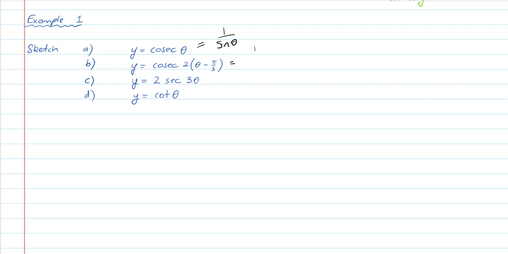And this is equal to 1 over sine of 2 theta minus pi on 3. And this is equal to 2 over cos 3 theta. And this is equal to tan theta, which is equal to cos theta over sine theta.